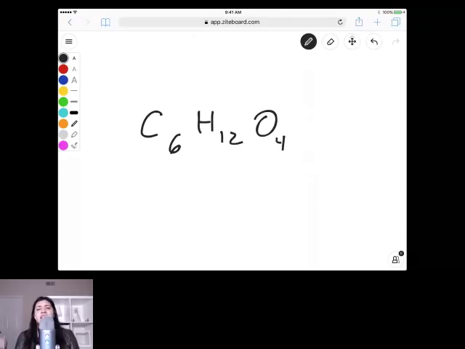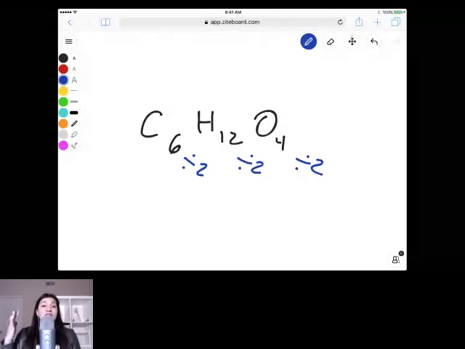Okay, so if they gave you the molecular formula and they asked you to figure out what's the empirical, all you have to do is figure out what all of these numbers are divisible by. Okay, so since all of these are even numbers, they're divisible by 2. So we would divide by 2 to go right back down to our empirical formula. Okay, so our molecular formula is always going to be one that is divisible by something.